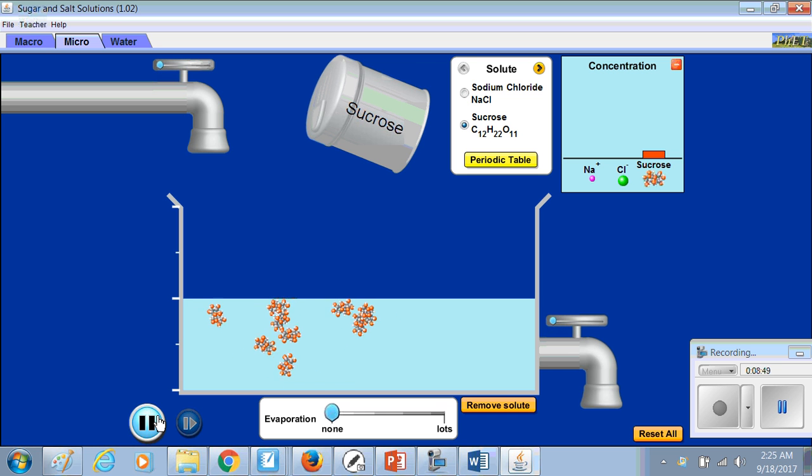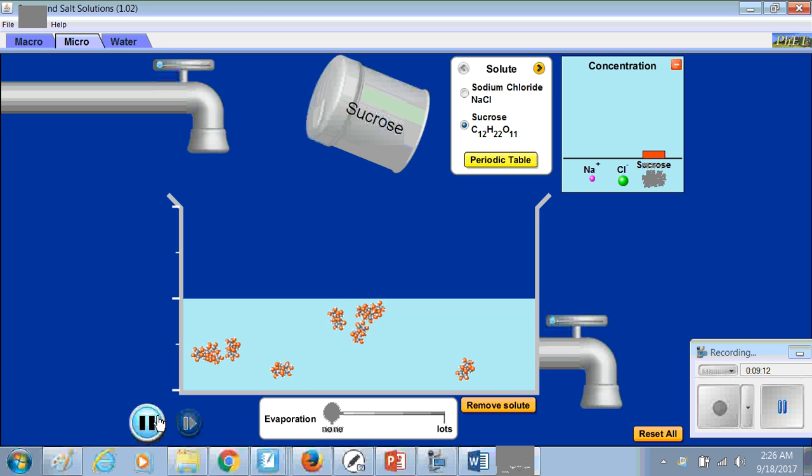Okay, so that sugar went into the solution, and it dissolved. And you know that sugar dissolves in water. But notice how the molecule did not split apart. It didn't split apart into carbon ions, hydrogen ions, and oxygen ions.